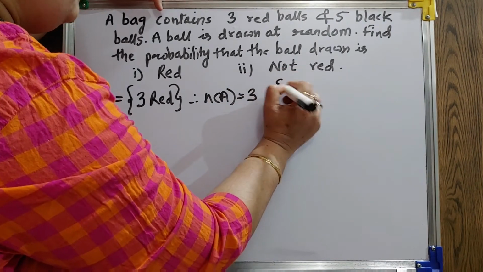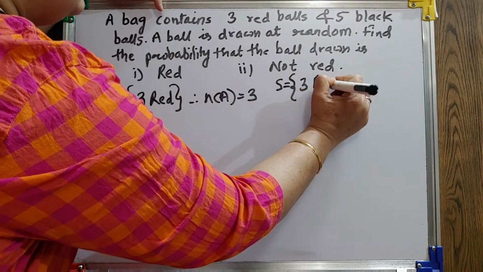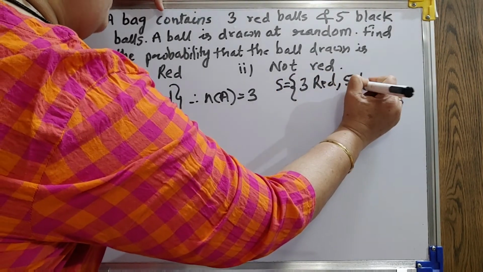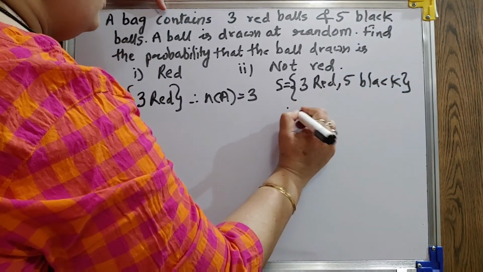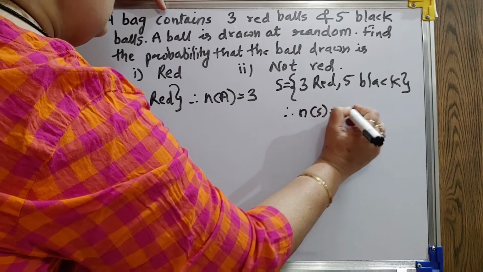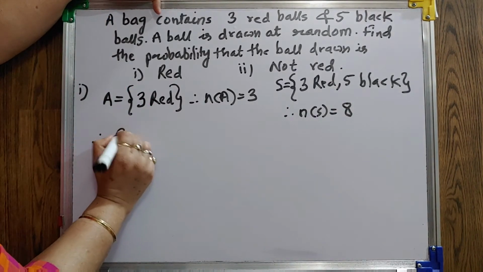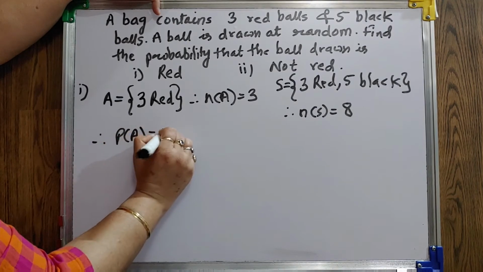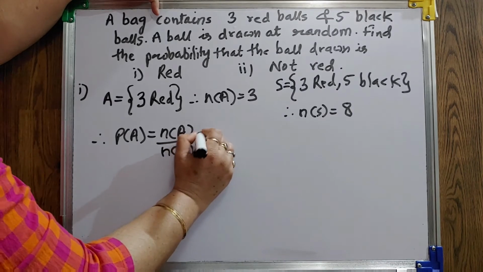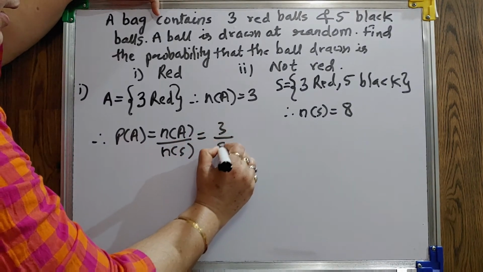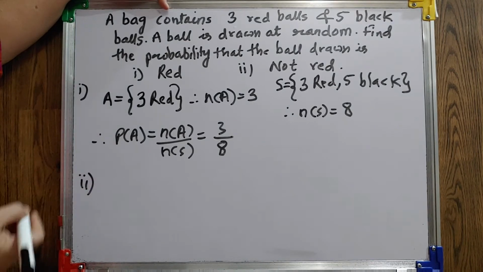As you know, when you take the sample space, 3 red balls, 5 black, so the total number of balls with me is 8. So when you find the probability, it will be n of A upon n of S, that is 3 by 8.